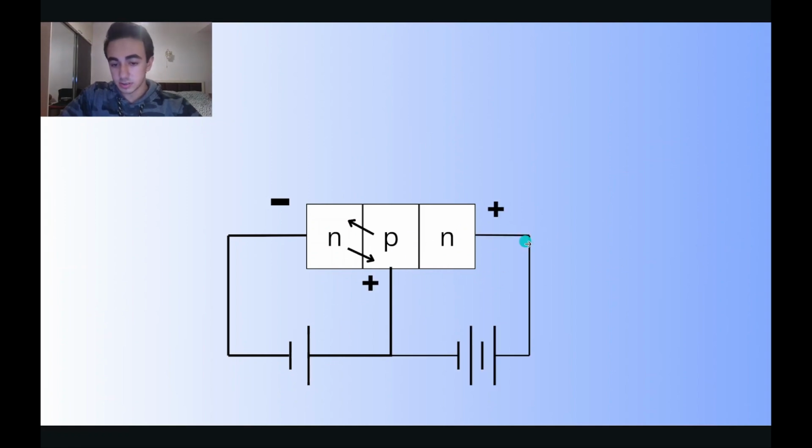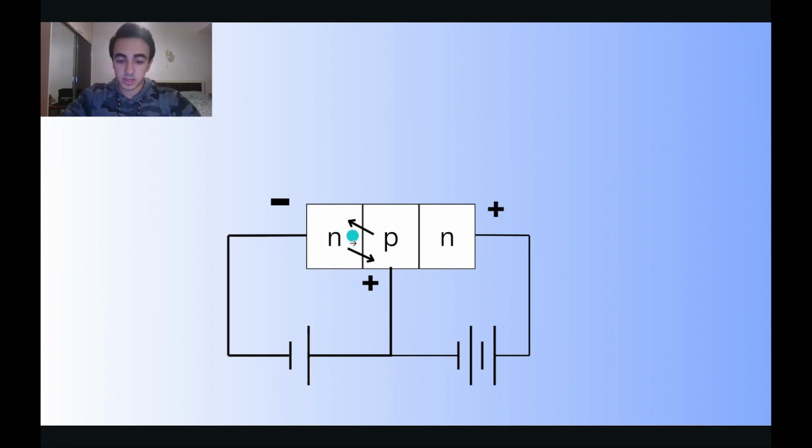But in this case, when this side of the n semiconductor is also connected to positive voltage, the holes that are moving this way, not only the holes in the depletion layer go away from it, but this also provides a new fresh supply of holes that can be filled with electrons.